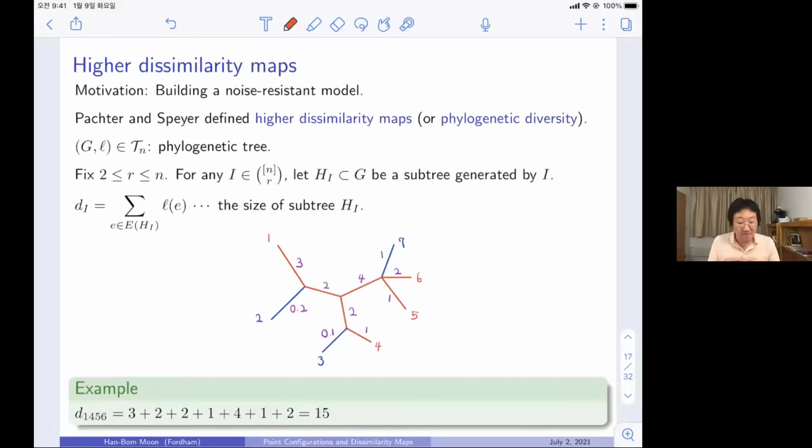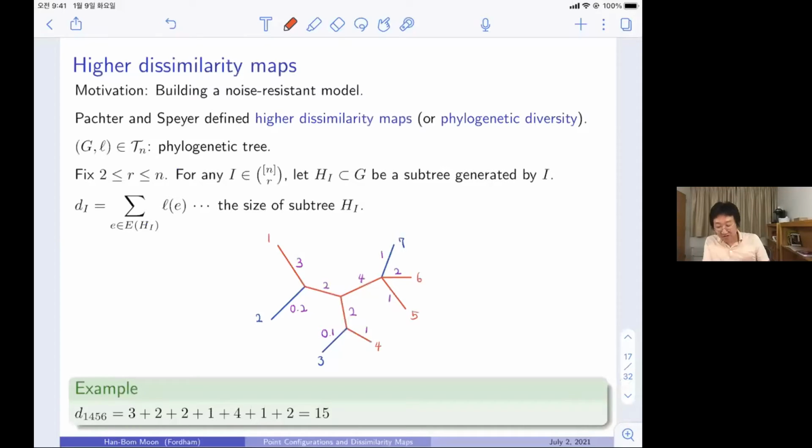But unfortunately, it turned out that the dissimilarity map is very sensitive to noise. So people tried to find some different way to record the distance between a lot of different species which is very noise resistant. That was the goal.